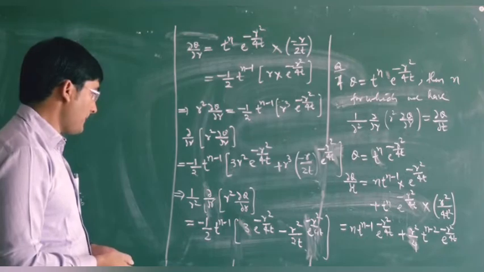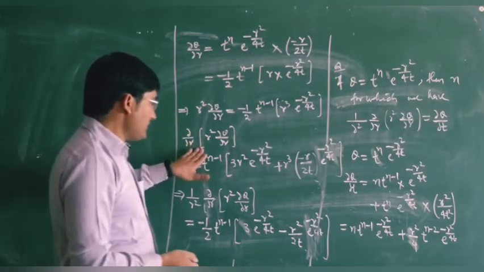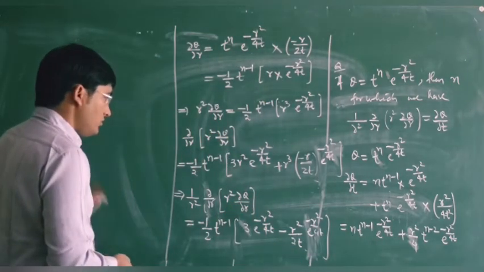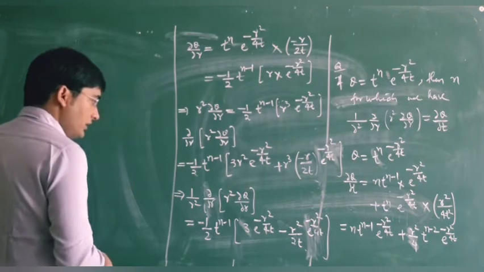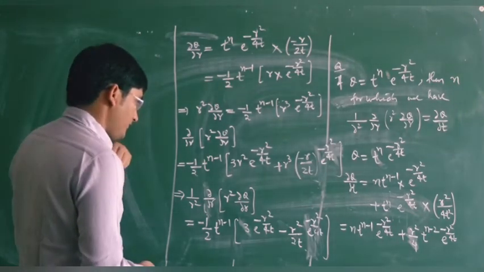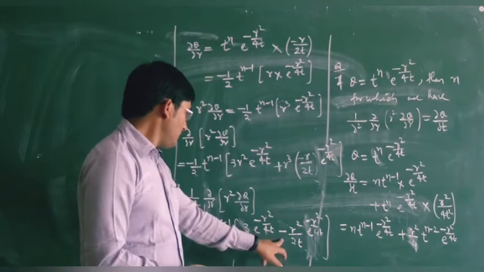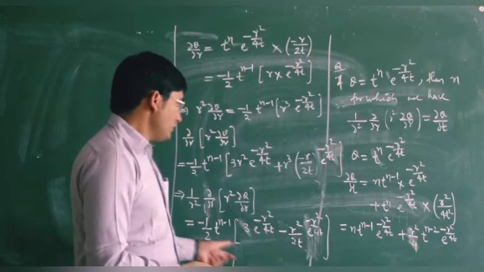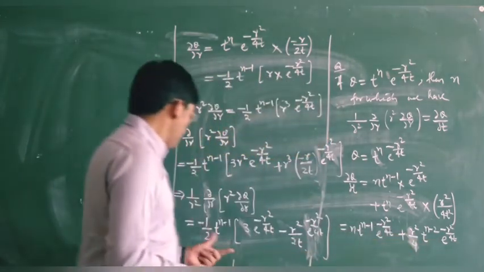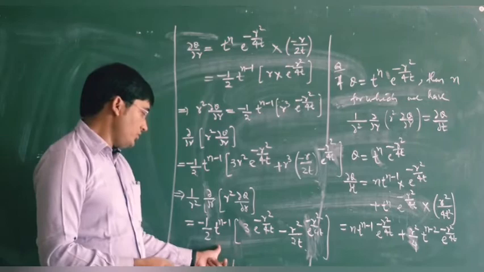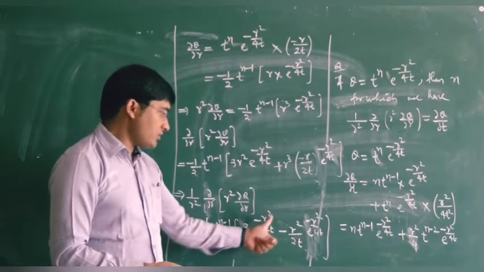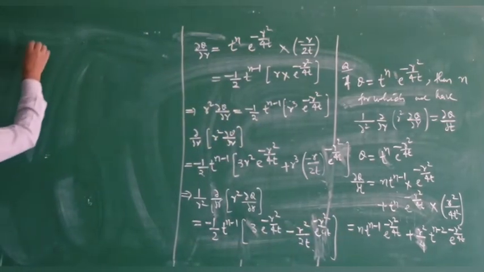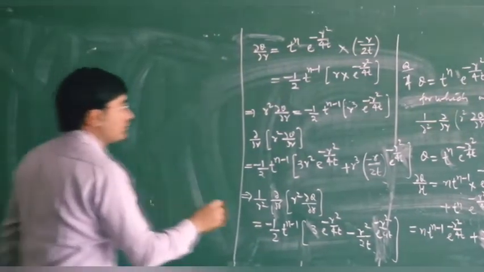Now this is our left hand side and this is your right hand side. Let us equate these two equations. Now here you can see that the first term, if you multiply this term, then we have plus r² by 4t into t^(n-1) into this one, which is same as this term, and the first term is -3 by 2 t^(n-1) e^(-r²/4t). So now let us equate these equations.